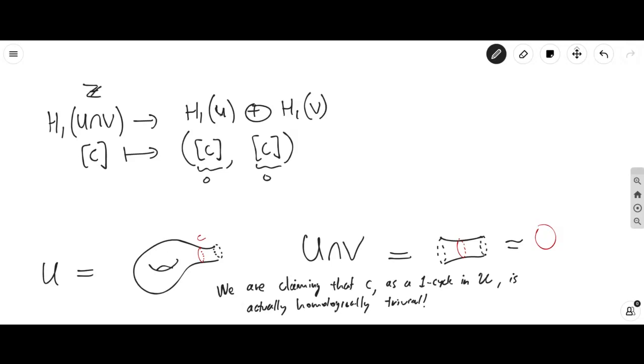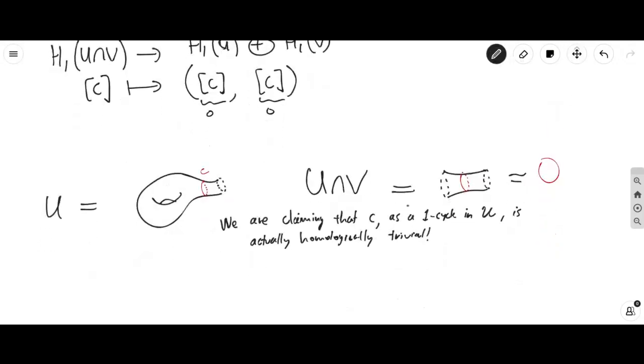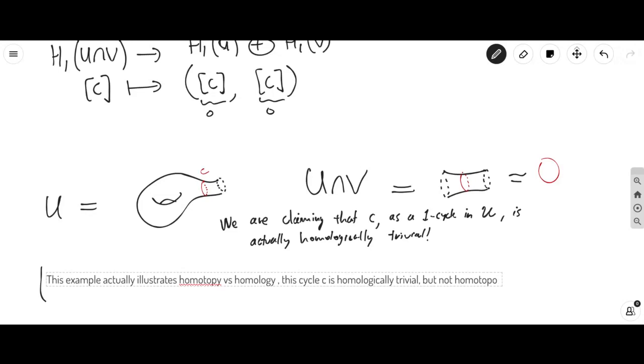That just completely seems impossible, because you look at this and you're like, but how do you collapse it to a point? So this example nicely illustrates the difference between homotopy versus homology. This cycle, C, is homologically trivial, but not homotopically trivial.